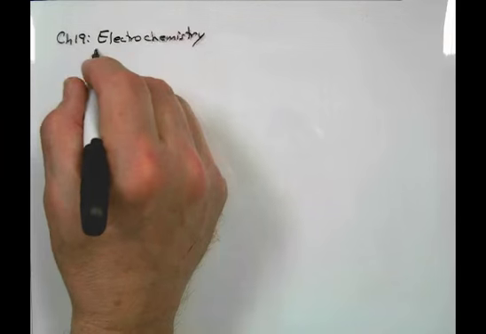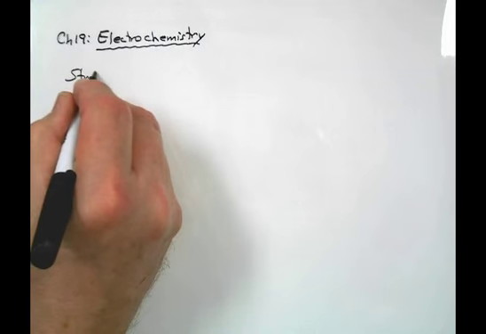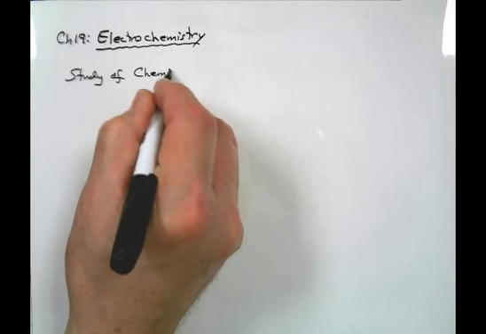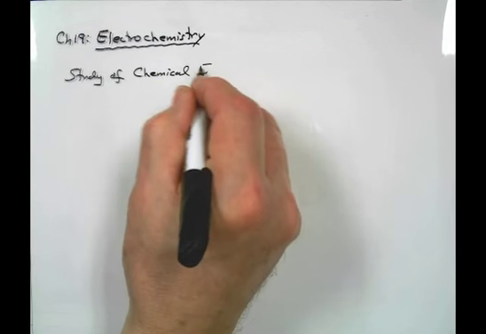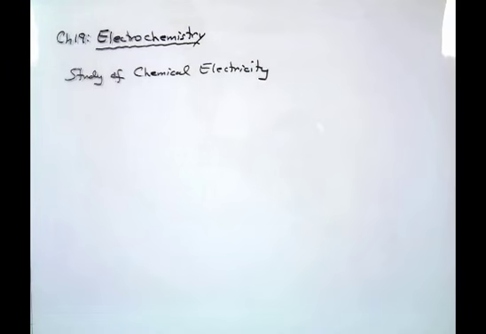Well, electrochemistry is the study of chemical electricity. An electric charge flow can be two types, metallic charge flow and solution phase charge flow.